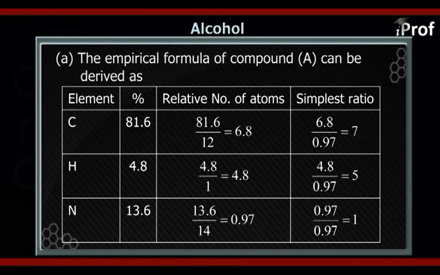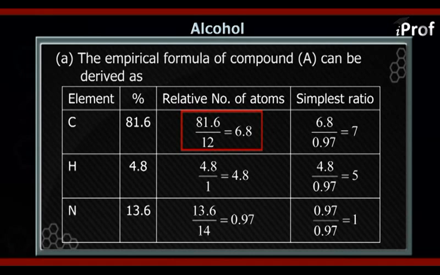percentage of the atoms by the respective atomic masses, what you get is the relative number of atoms. Now if you divide the percentage of carbon, which is given as 81.6, by its atomic weight, that is 12, then the relative number of atoms will come out to be 6.8.